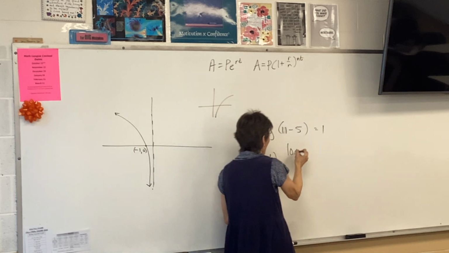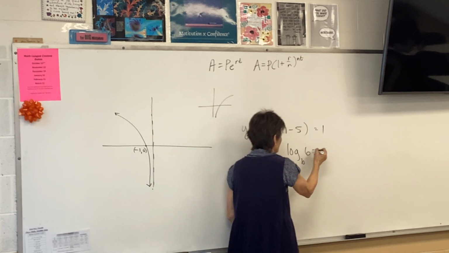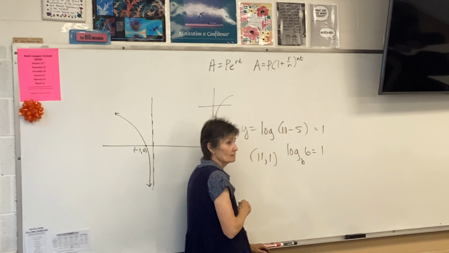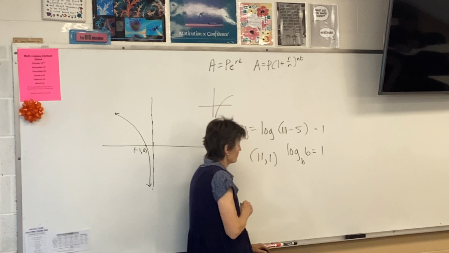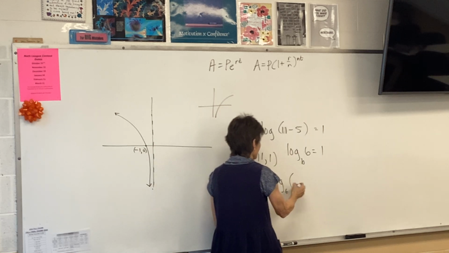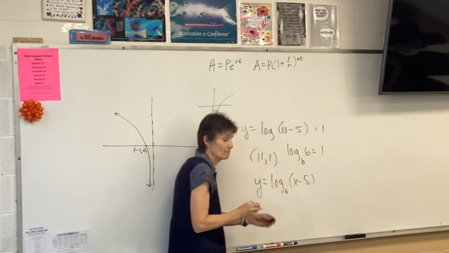Well, that says the log base something of 6 is 1. What does that have to be? 6. Doesn't that have to be 6? So your equation is y equals log base 6 of (x minus 5).